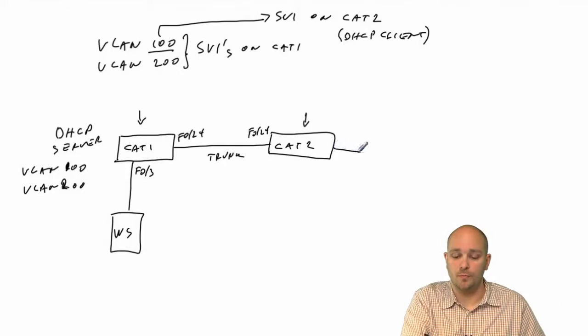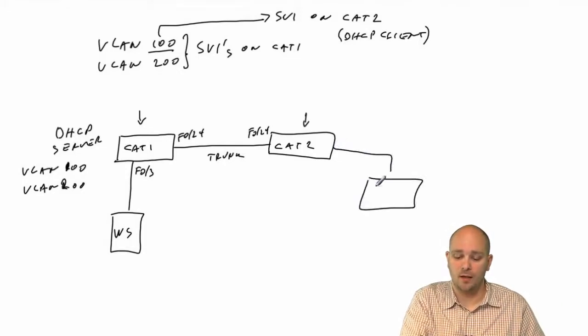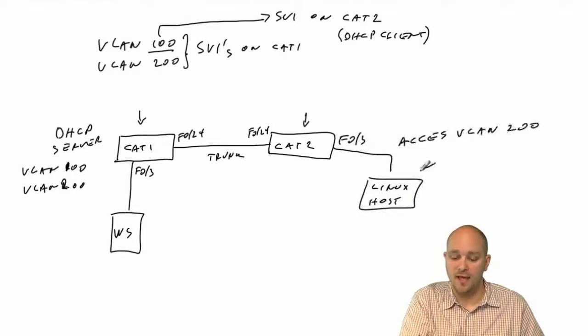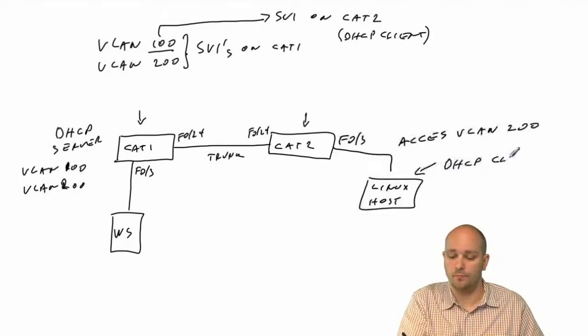Off Cat2, I'm going to connect my Linux host in port FastEthernet 0/3, which is going to be an access port in VLAN 200, and this is going to be my DHCP client in VLAN 200.